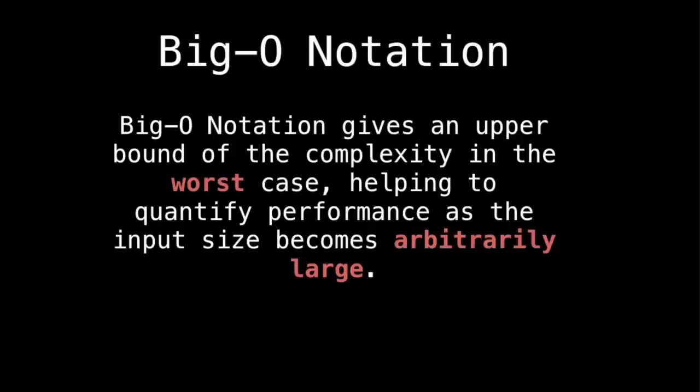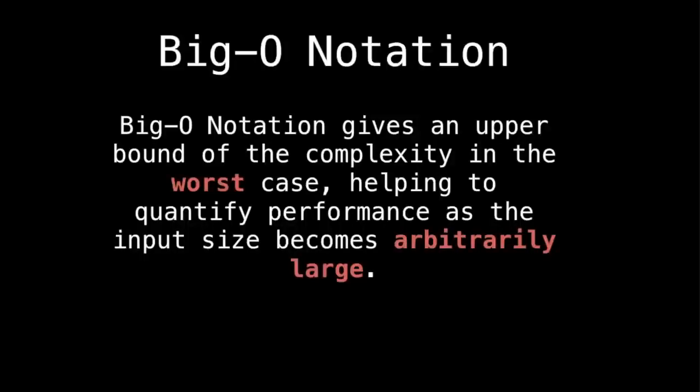So to standardize a way of talking about how much time and how much space is required for an algorithm to run, theoretical computer scientists have invented big O notation, amongst other things like big theta, big omega, and so on. But we're interested in big O because it tells us about the worst case. Big O notation only cares about the worst case. So if your algorithm sorts numbers, imagine the input is the worst possible arrangement of numbers for your particular sorting algorithm.